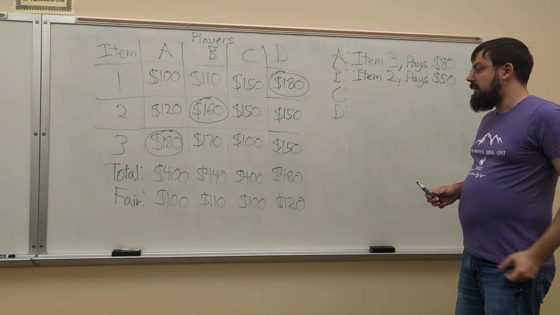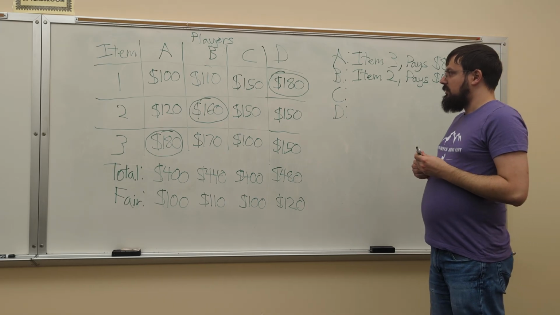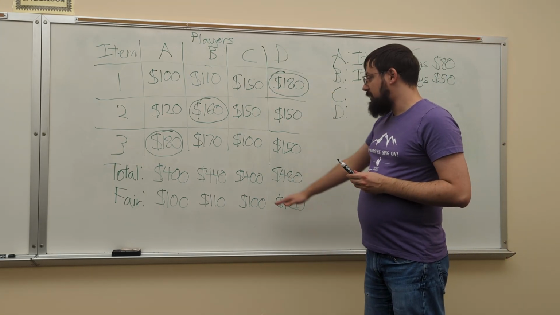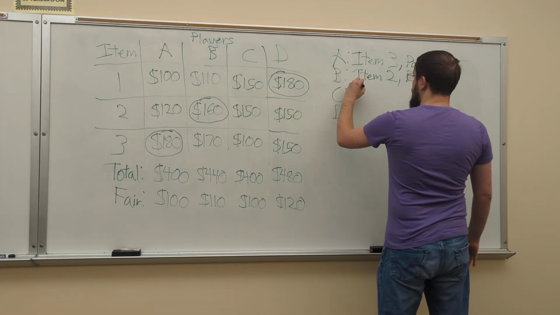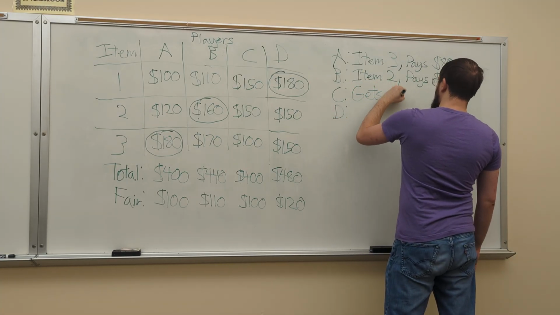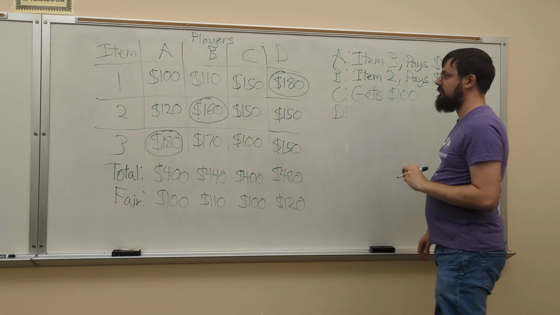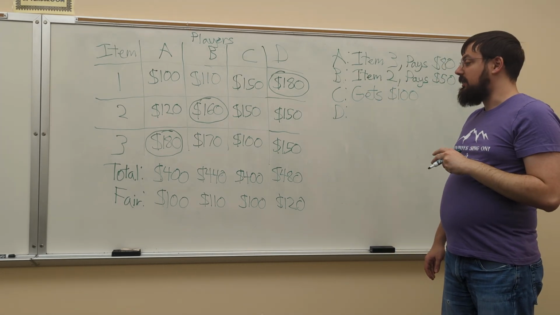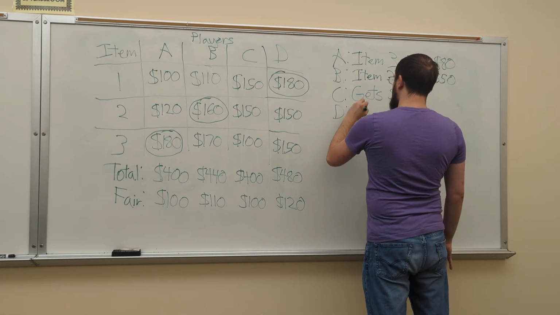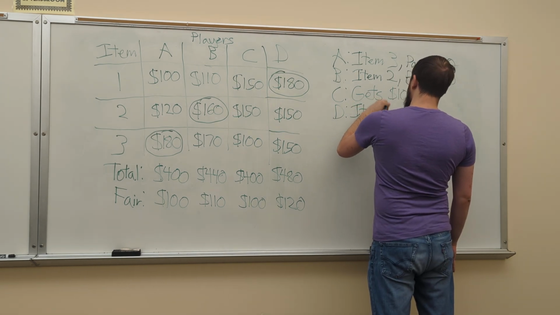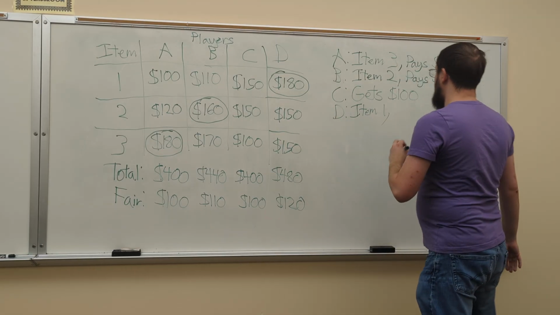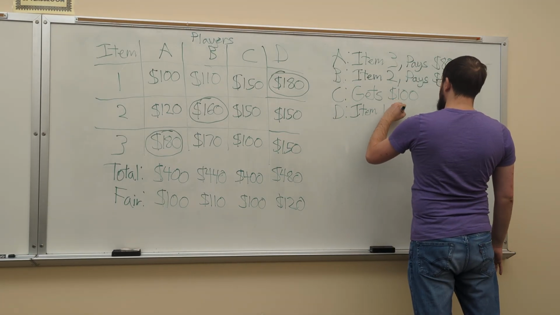All right, now C has not received any of the items, and a fair share for C is $100. So what we're going to say is that player C needs to get $100 from this initial settlement. And then finally, D receives item 1 worth $180, but a fair share is only $120, so D is going to pay the difference of $60.